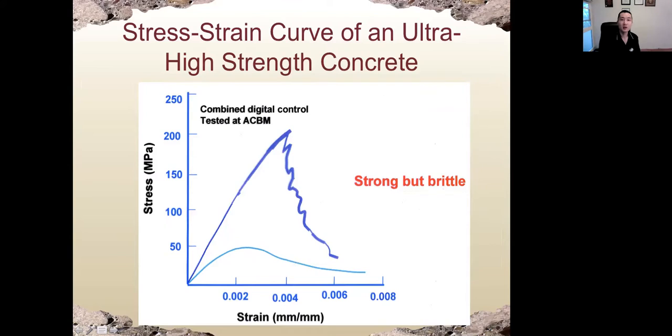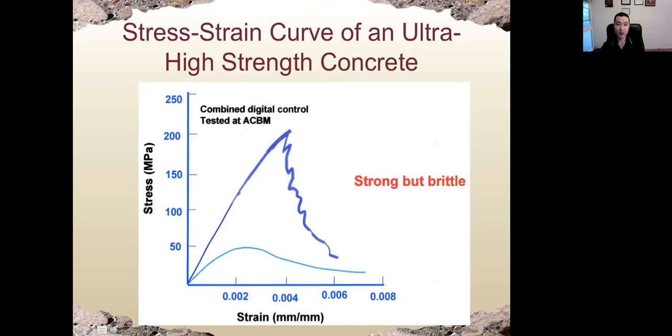And here shows the stress and strain curve for conventional concrete and ultra high strength concrete. For conventional concrete, it has classic strain softening or quasi-brittle behavior, which means after the peak load here, the concrete can still resist some of the load.